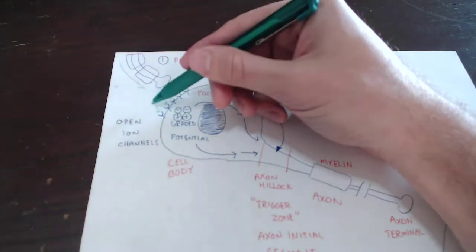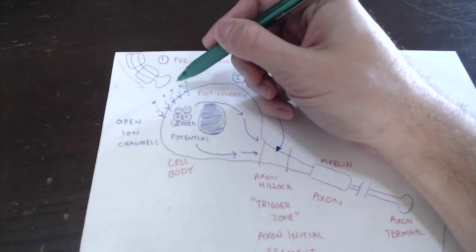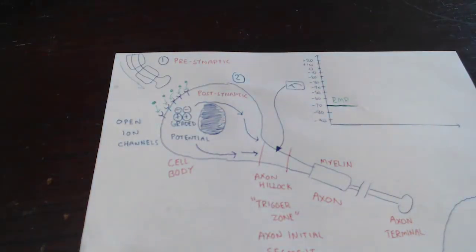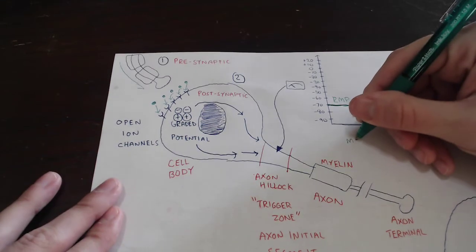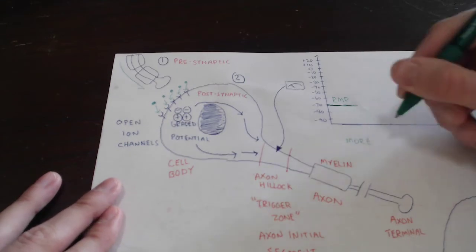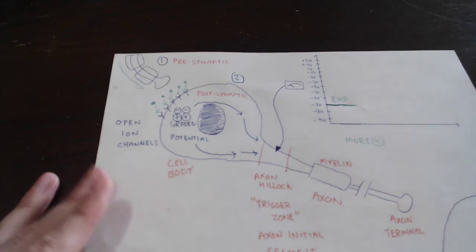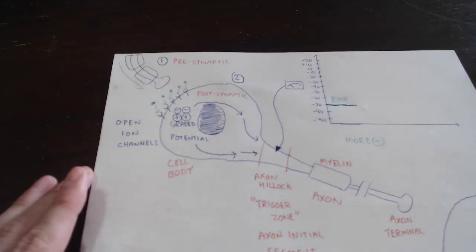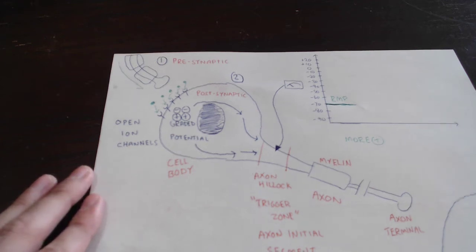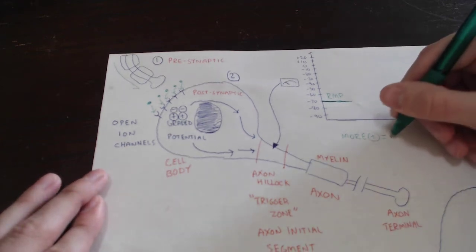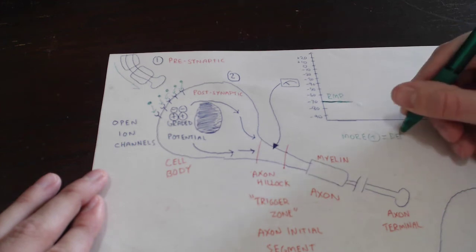When that neurotransmitter opens those ion channels, depending on what kind of ion we're letting in or out, the inside is either going to get more positive, meaning we go from negative 70 to negative 60, negative 50, and on up towards 0 and into the positives. We call that depolarization.